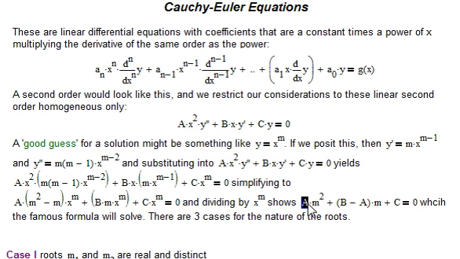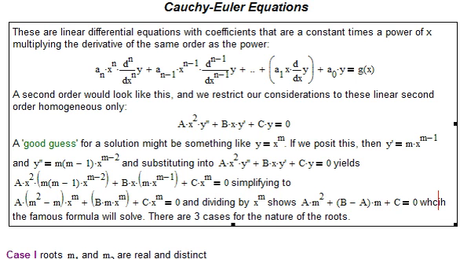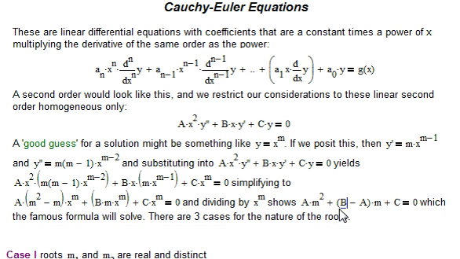They're going to be a for the m squared, yes, but we're going to have b minus a times m, and then plus the c. Little typo there. Anyway, that is the famous formula. The quadratic formula will solve that, but remember, it's not straight a, b, and c like you expect, because what we would normally consider the b, the middle term, is going to be b minus a.